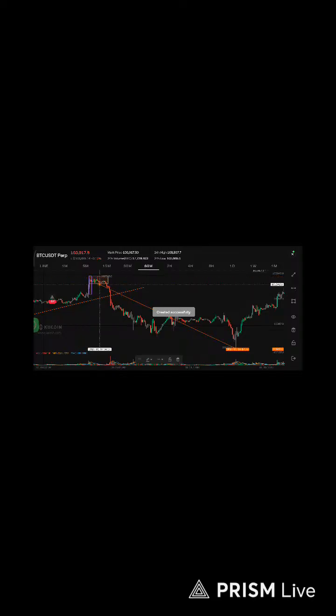The market turned down from this position. If you had entered your trade from here, a short position, the market turned down from there. Have you seen it?